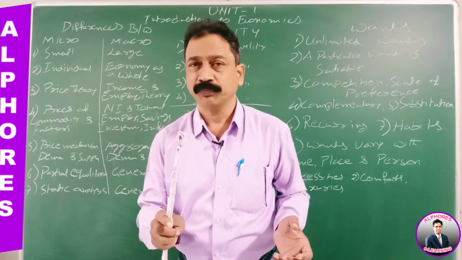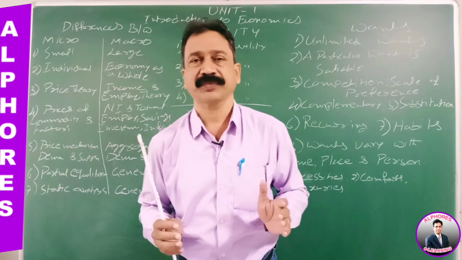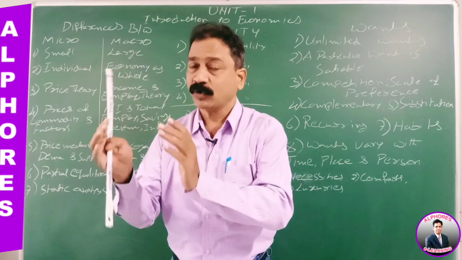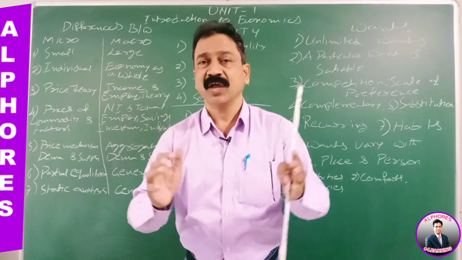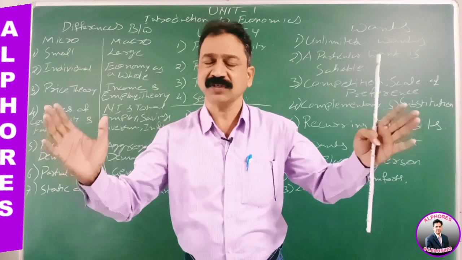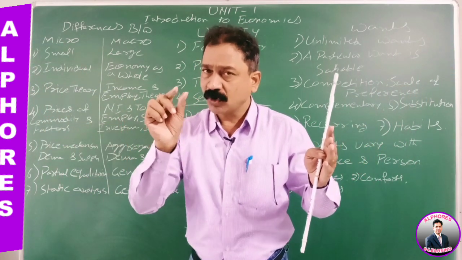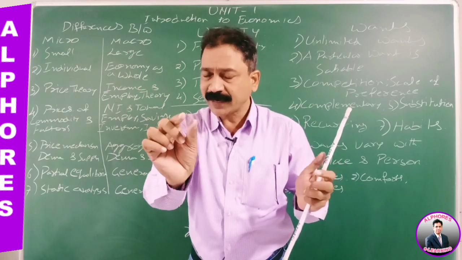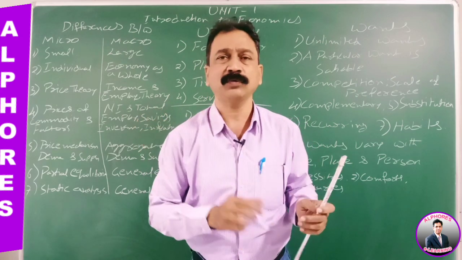I told you in the previous class that actually micro turns to macro, macro turns to micro. When you see things in larger quantities, it is macro. If you divide anything out of that large quantity and make it individual, then immediately it becomes micro.